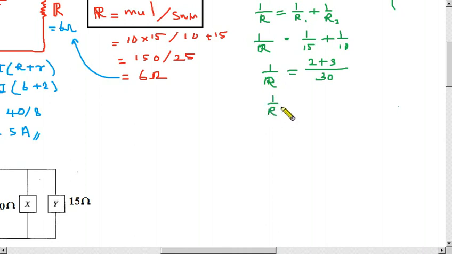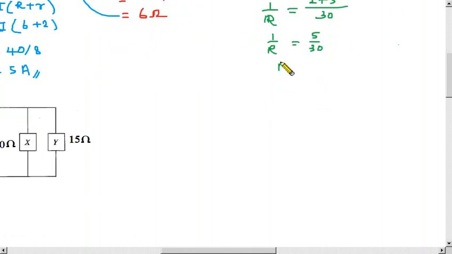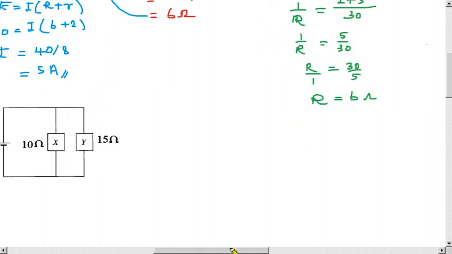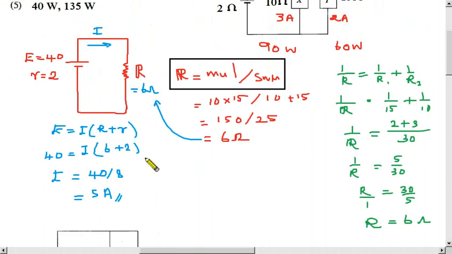Then 5 divided by 30. So invert to find out R. Then R equals 6. The same answer. Then you have to use this method to find out the current.